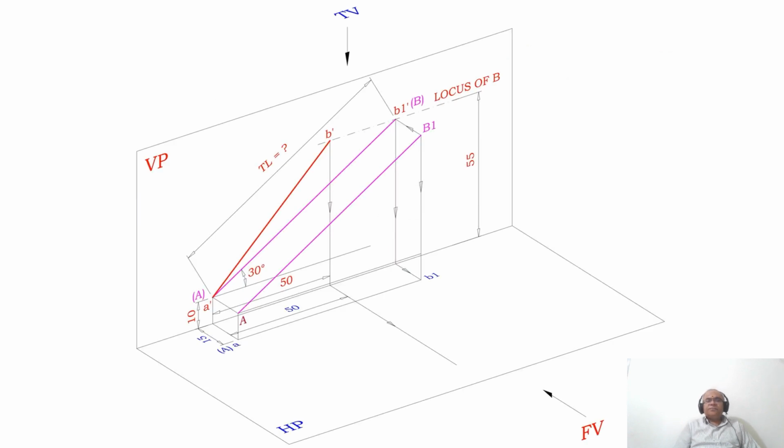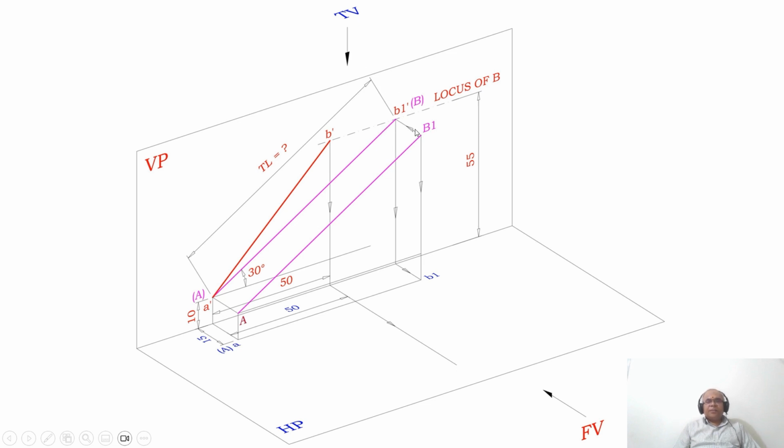Now the next thing is, we have the front view true length, but we don't have the top view. So we know that this is the true length in the vertical plane. What does it mean? If the true length is in the vertical plane, then the line should be parallel to the vertical plane.